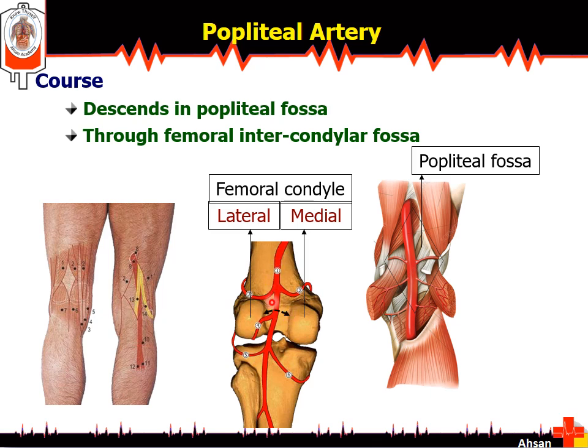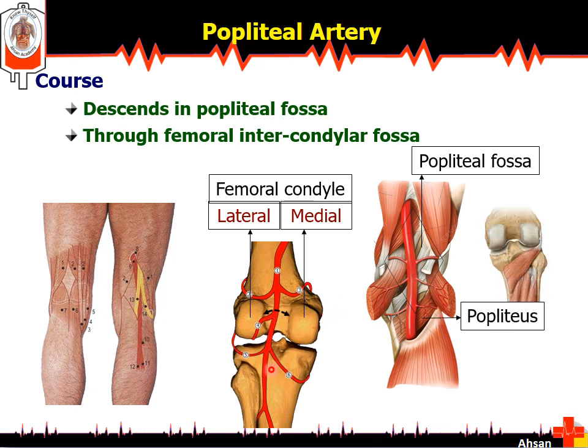So it passes through this area, so it is very intimately related to the bone in this position, and then it goes down, and this muscle is the popliteus muscle. You can see everything is removed. This is the popliteus muscle, and this is the lower border of the popliteus muscle, and here the popliteal artery is going down, and here it divides into two close to the lower border of the popliteus.